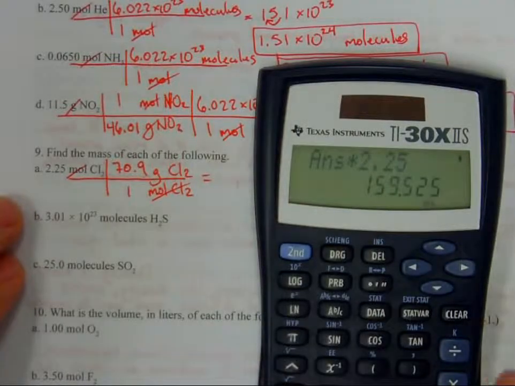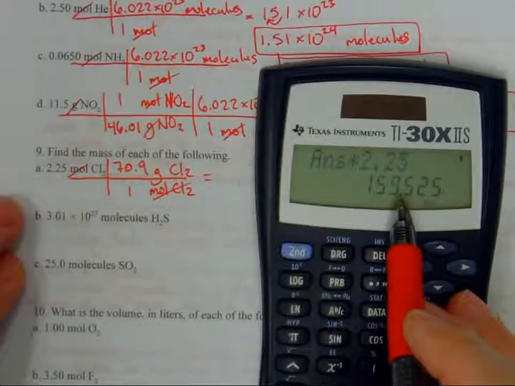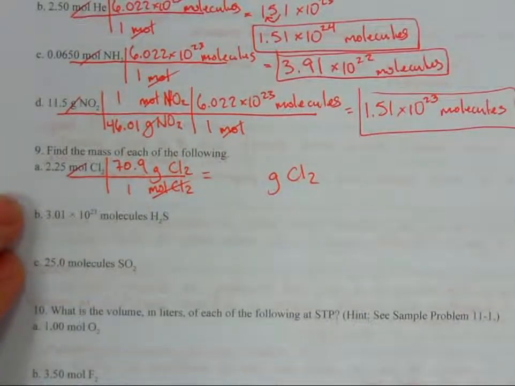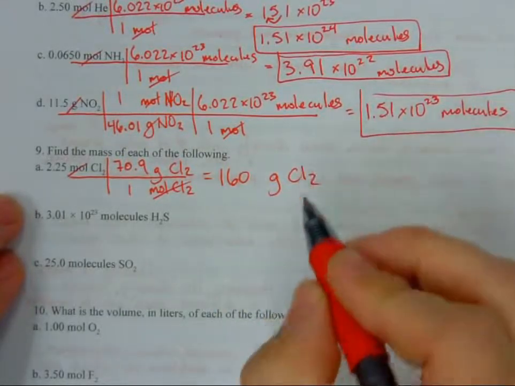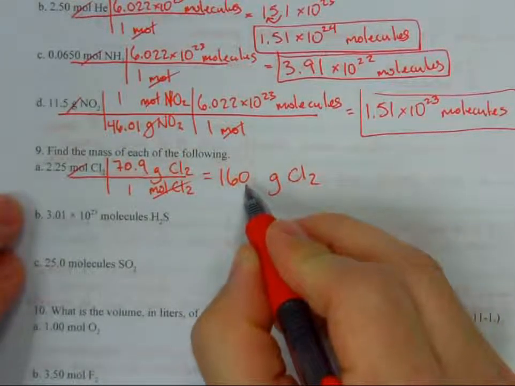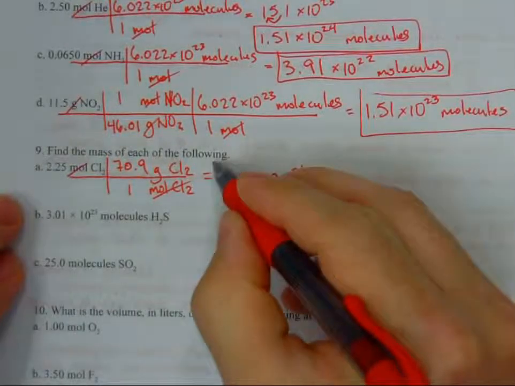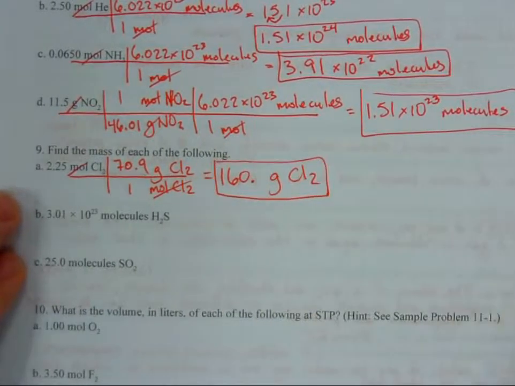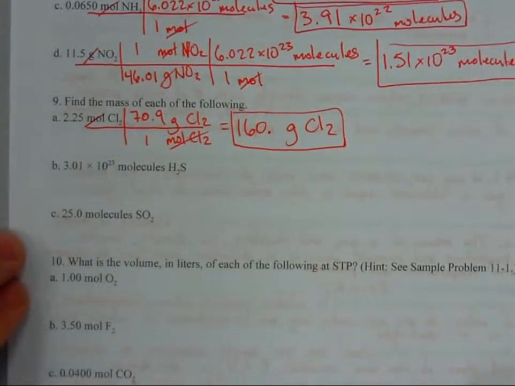Let's see, sig figs, 3 sig figs, so this needs to be 3. So that 5 right there tells me to round this up, so I'm going to stick with 160 as my final answer, but in order to make sure that you're counting this 0 as significant, I'm going to place that decimal in there right after the 0. So 3 sig figs, 160. grams of Cl2.